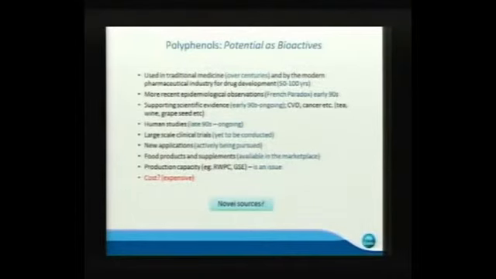And this is a common thing when you're reading. It's not because they are not true, but they are costly to do, and not many pharmaceutical firms will be willing to fund those large clinical trials, and the food industry doesn't want to dish out money either. So the same issue has happened to fish oil. When we were showing the benefits of fish oil, a lot of people didn't want to believe that.